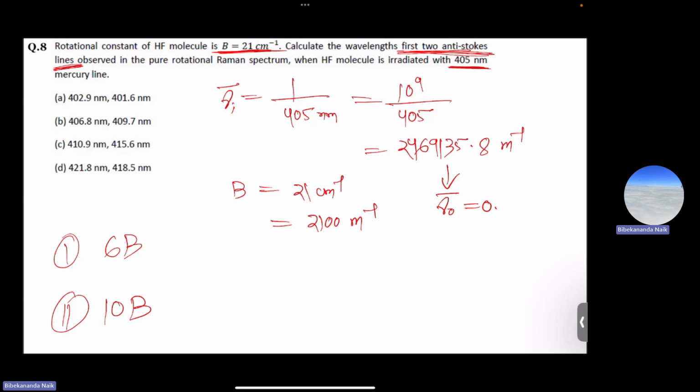We had already discussed the expression for the Raman spectrum. When the transition occurs from J to J plus 2, the general expression for Raman shift is given by 4B (J plus 3 by 2). If you remember, we had already discussed it.